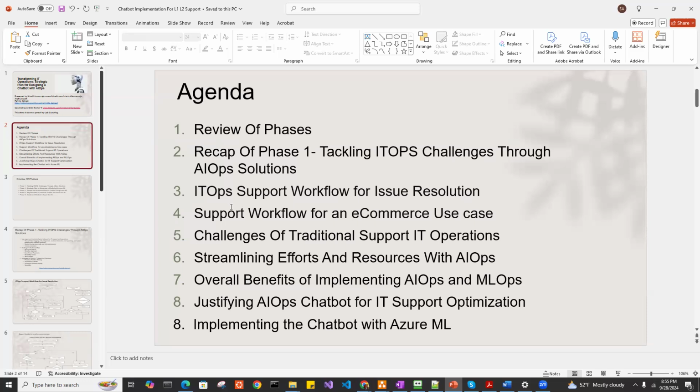Then we'll go ahead with the phase two topics: IT ops support workflow for issue resolution, support workflow for an e-commerce use case, challenges of traditional support IT operations, streamlining efforts and resources with AI ops, overall benefits of implementing AI ops and ML ops, justifying an AI ops chatbot for IT support optimization, and implementing the chatbot with Azure ML.